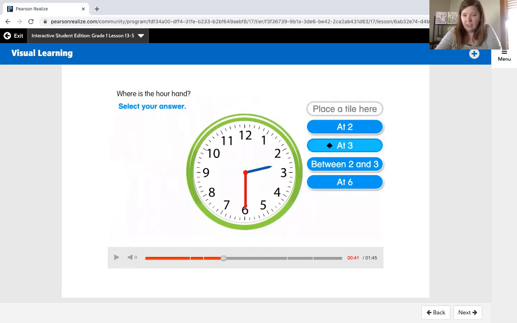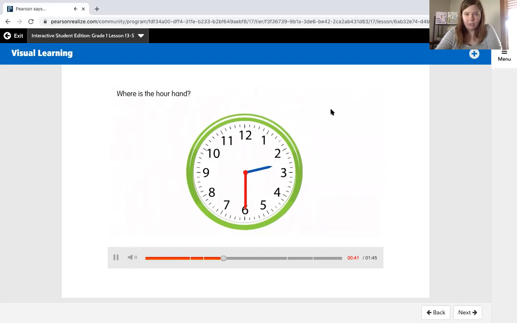Not really. Is it between 2 and 3? Looks like it to me, but to double check, I'm going to read all of my answers. And is it at the 6? No, the minute hand is at the 6. So our answer is that our hour hand is in between the 2 and the 3. The hour hand is between 2 and 3.